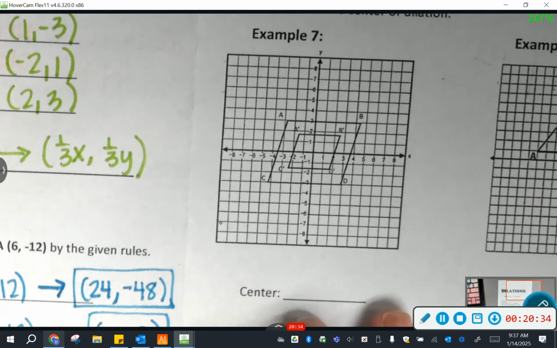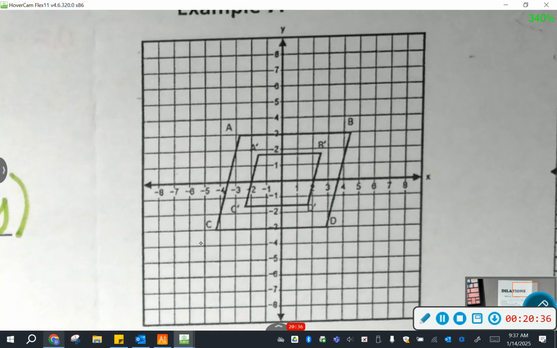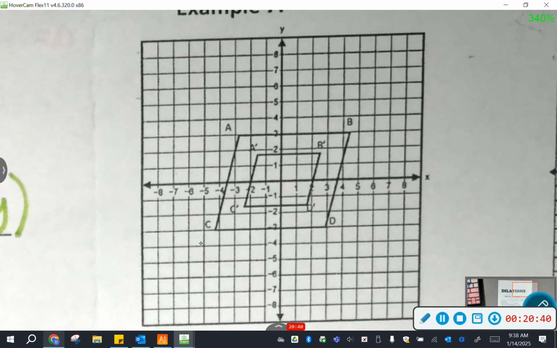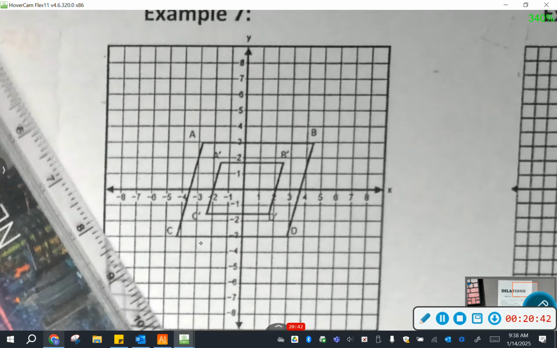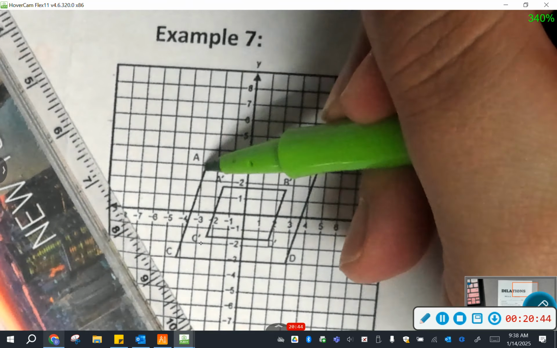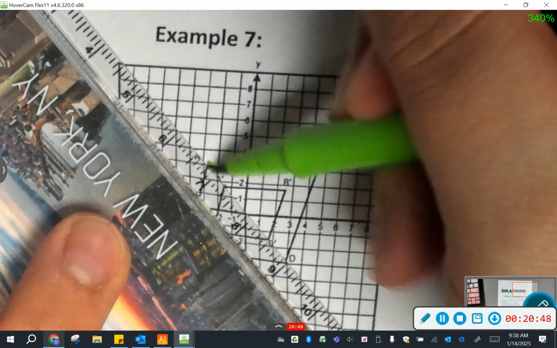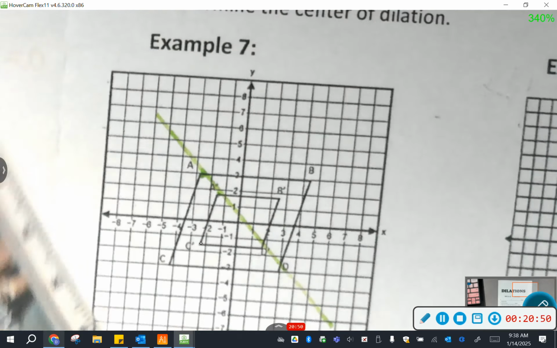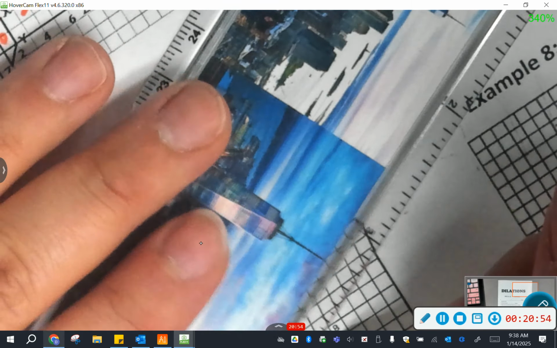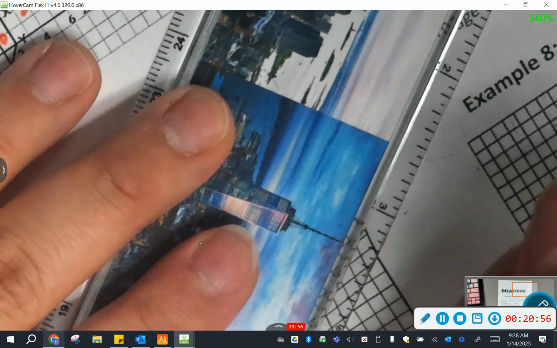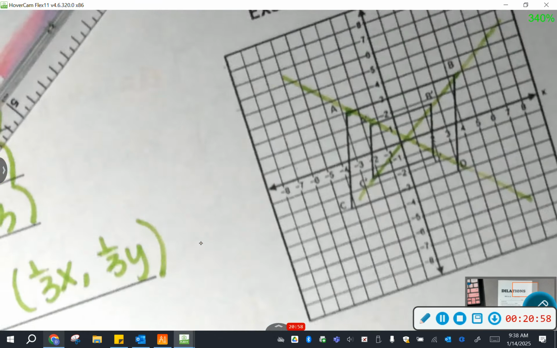So I want you to watch me, then I want you to do it. Can everybody look up at my board? Yodi, look up. Jocelyn, look up. I'm going to connect A with A with my ruler and just draw a line. Then I'm going to connect B with B and draw a line.